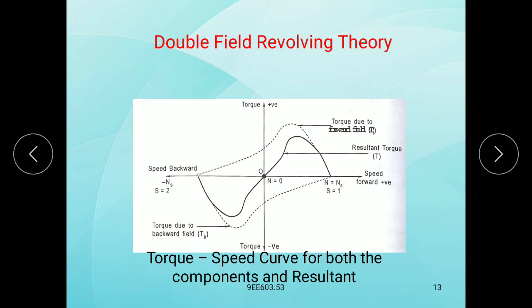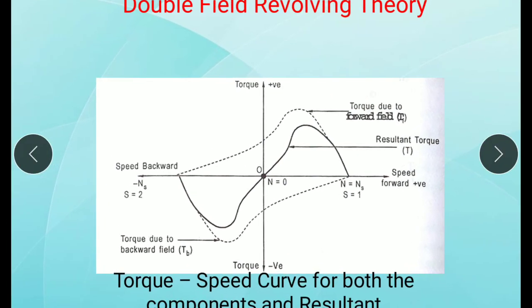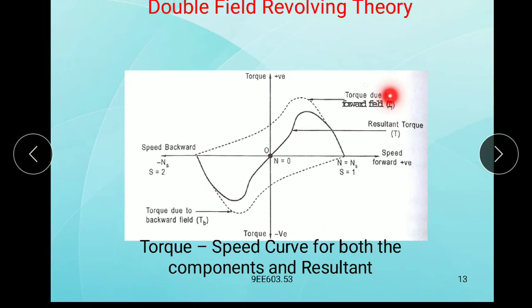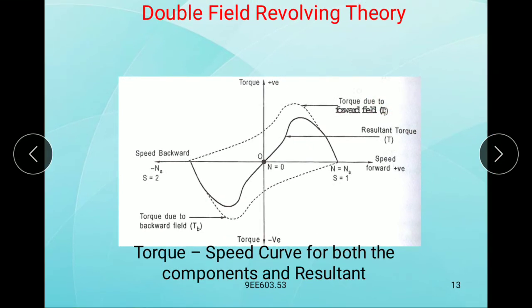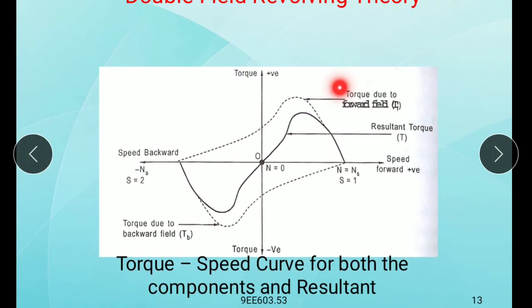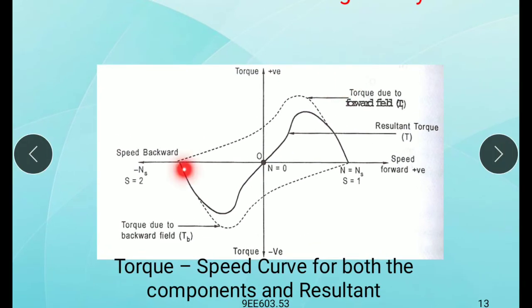So here for the double field revolving theory, this is the torque-speed curve for both the components and the resultant. The speed in backward and forward directions goes from 0 to minus ns and 0 to positive ns.